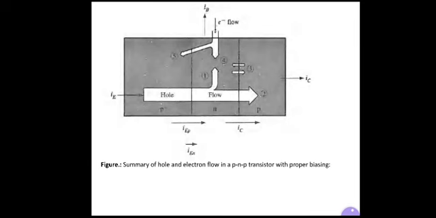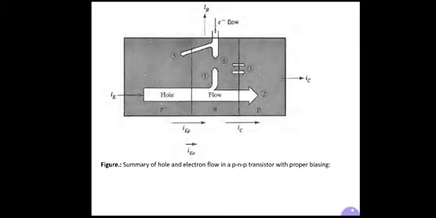Number 3: two arrow marks are shown, hole and electron, in the P region of the collector. It shows thermally generated electrons and holes that make up the reverse saturation current of the collector junction.